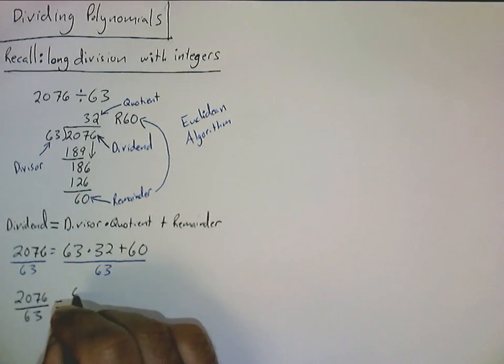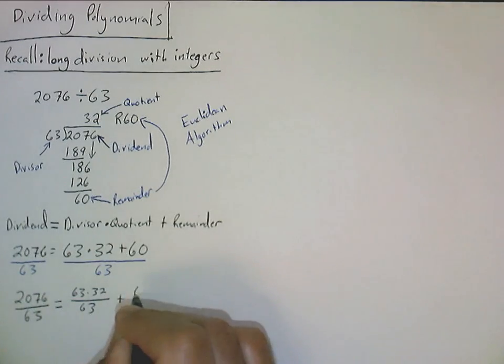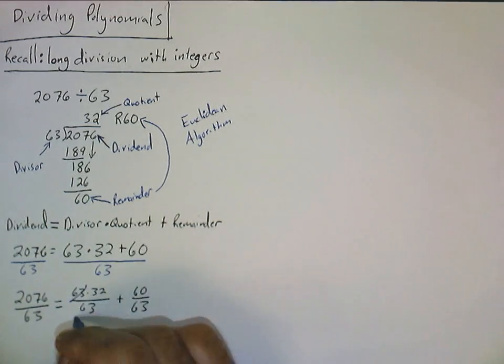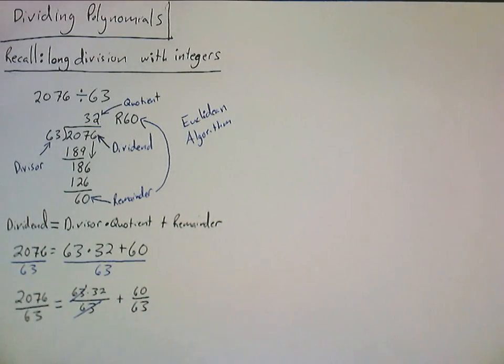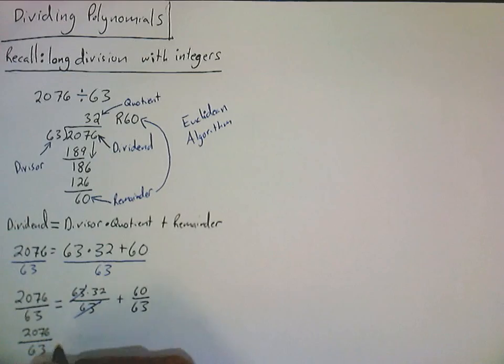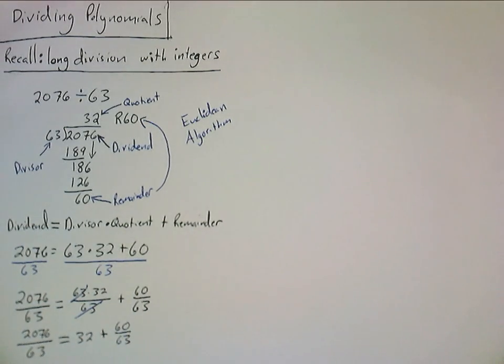So that would be 63 times 32 over 63 plus 60 over 63. And now these 63s cancel out within that term. So we have that this fraction here, 2076 over 63, is equal to 32 plus 60 over 63.